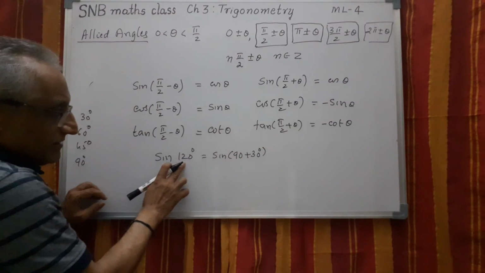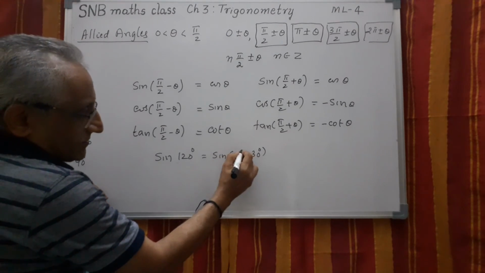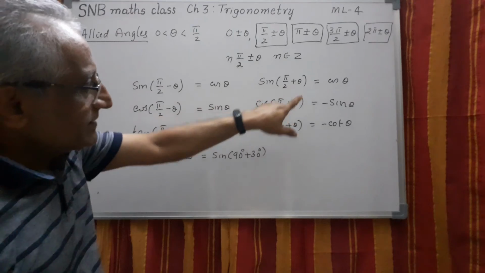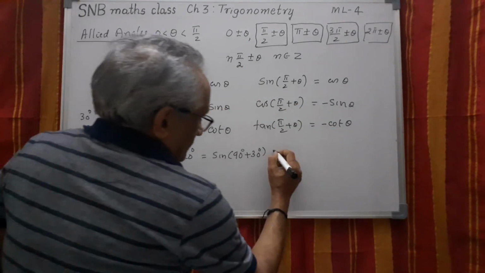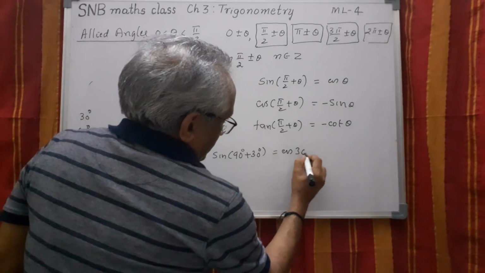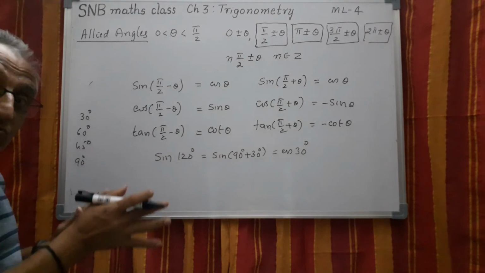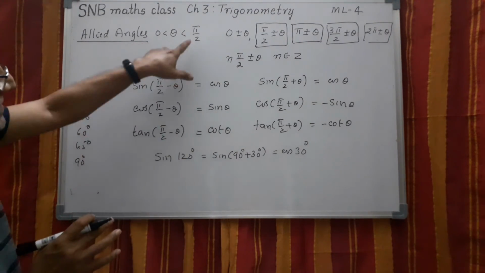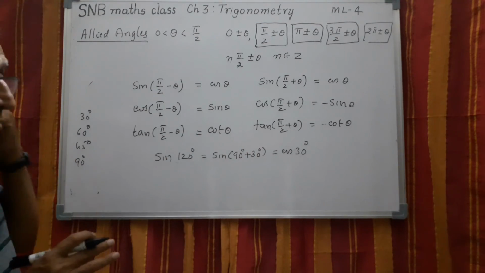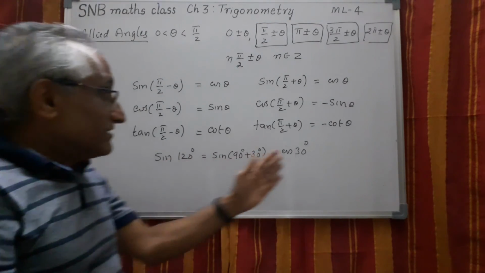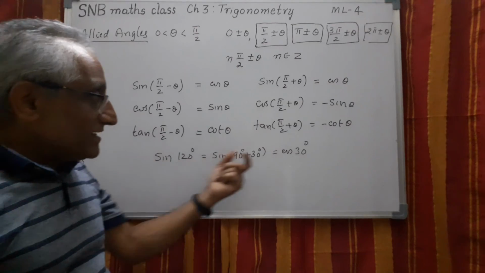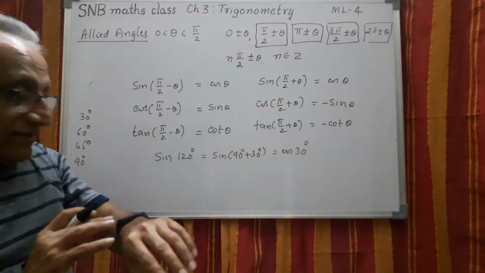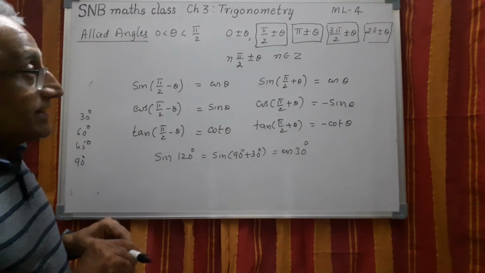So 120 can be written as 90 plus 30. Now, if you use this rule, sine 90 plus theta is cos theta. So this is cos 30. This is how we are using this allied angle rule. So that's why theta should be made acute. So 30. Using this we can find the value. For example, sine 120 is same as cos 30, then you can find cos 30 is root 3 by 2. So this is the way we can use the allied angle rules.